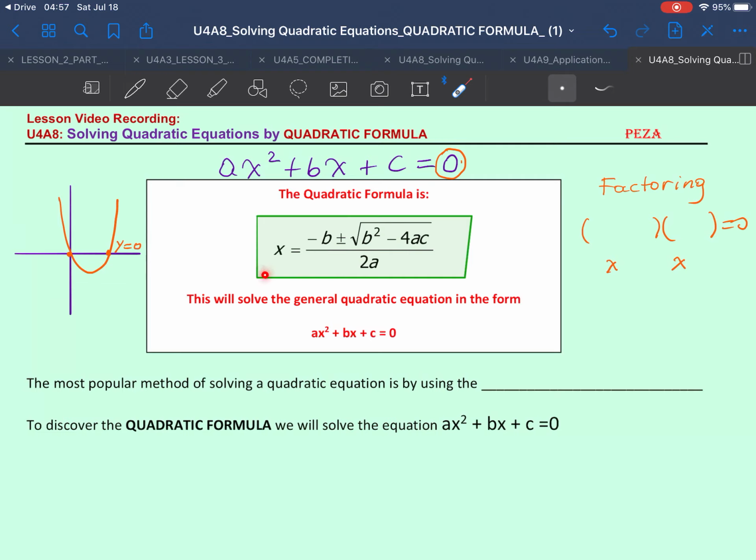Well, that's the reason why we are learning the quadratic formula, and that's one of its greatest advantages. You can use the quadratic formula in any quadratic equation to solve it. So the most popular method of solving a quadratic equation is the quadratic formula.